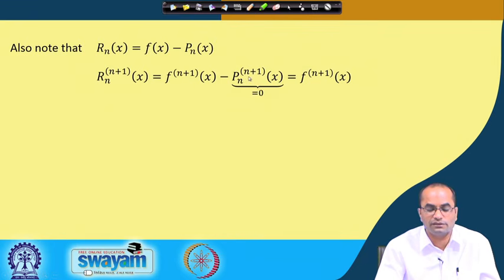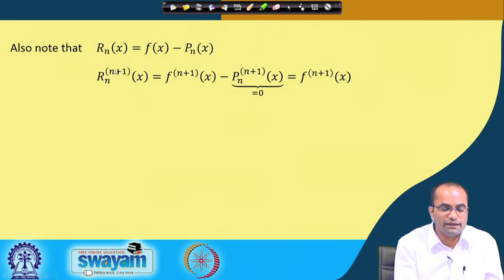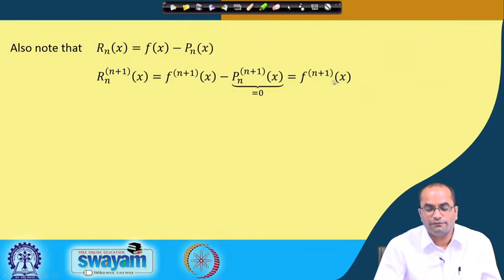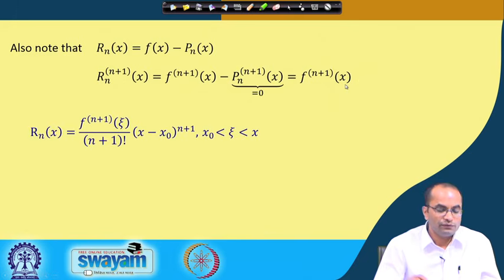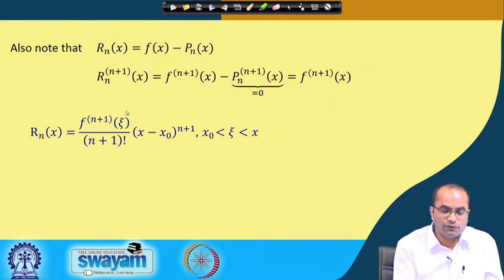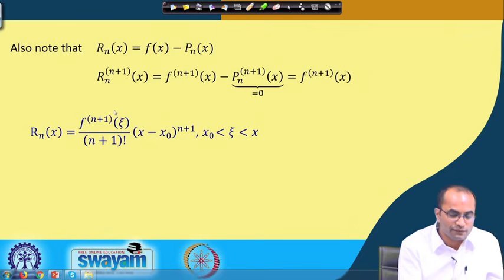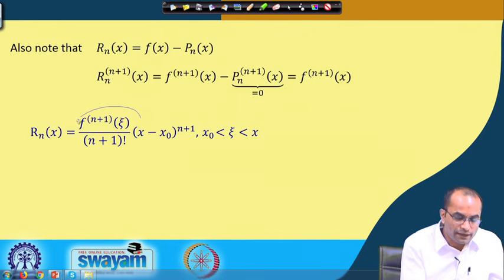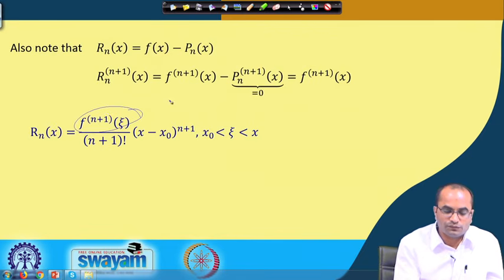If we take the (n+1)th derivative, this term becomes 0, and we have R_n^(n+1)(x) equal to f^(n+1)(x). And now we can substitute in our formula this value of R_n^(n+1) as f^(n+1)(xi).